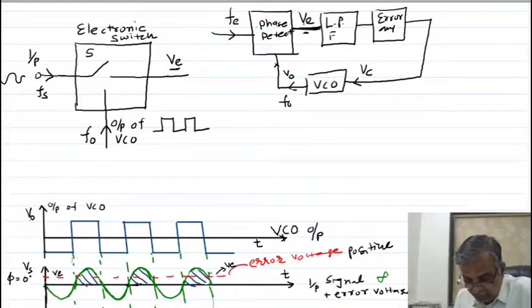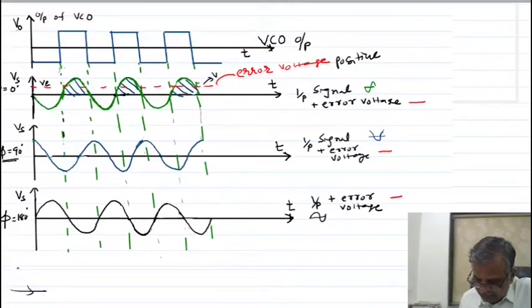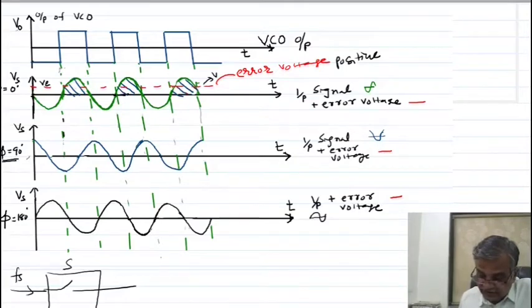Now in the second waveform, the phase difference between FS and FO is 90 degrees. Then what will happen? See here, this is your switch, this is the output of the VCO, and this is the incoming signal FS.